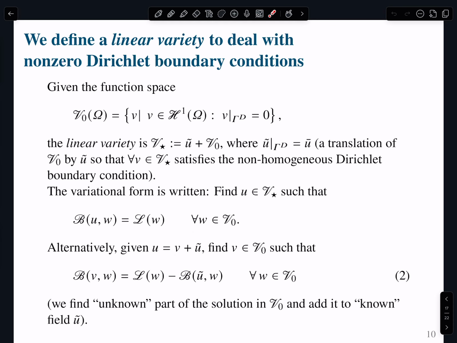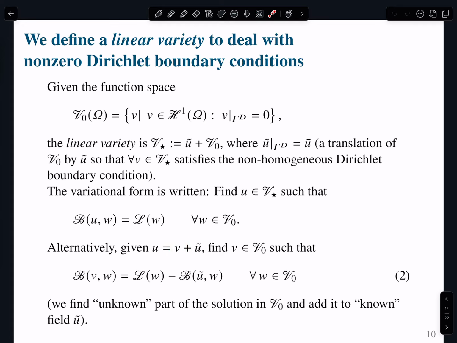U tilde is the function that I know. I know that it's going to be satisfying the displacement equal to 1 on the left. And then v is the unknown part of the solution. So you see, I'm basically applying a trick where I write my solution as the sum of two components, one that I know and one that I do not know. This one that I know is straightforward, and I'm going to take v from the same space as the weight functions.